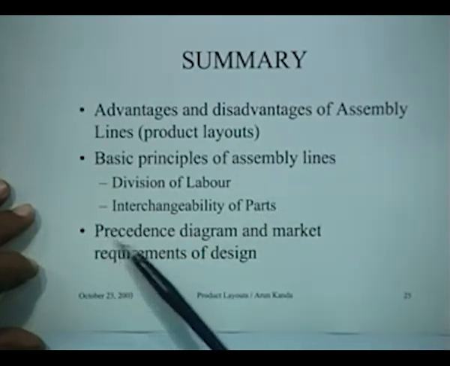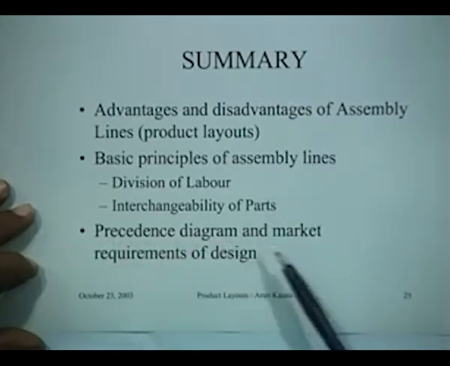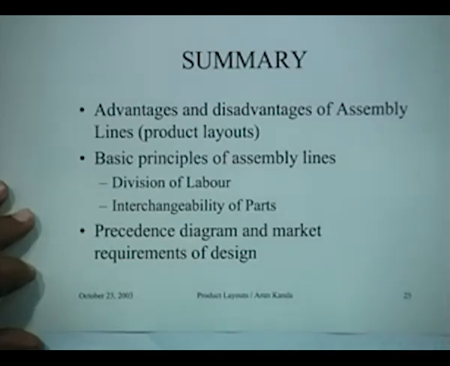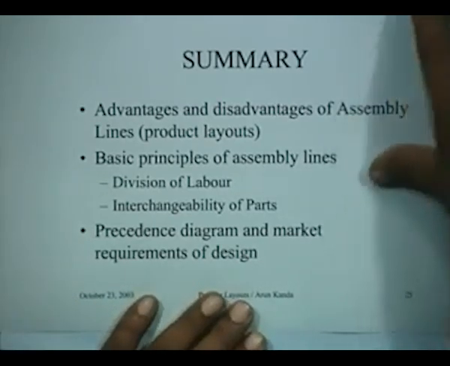And then we saw that the precedence diagram and market requirements of the design are the two major inputs you need for designing an assembly line. So you need the precedence diagram and also the desired cycle time, what rate you'd like to produce the part.